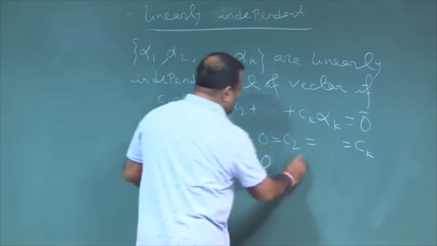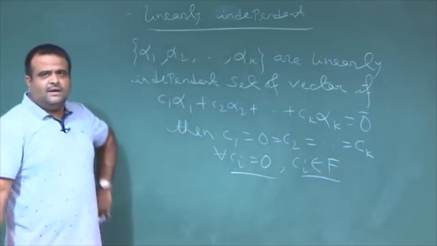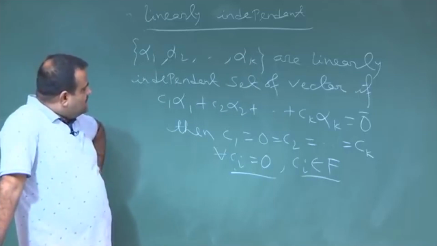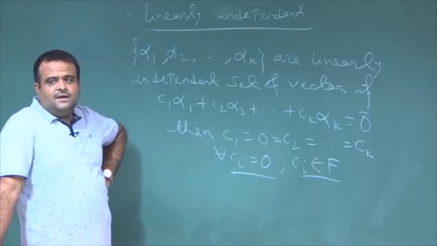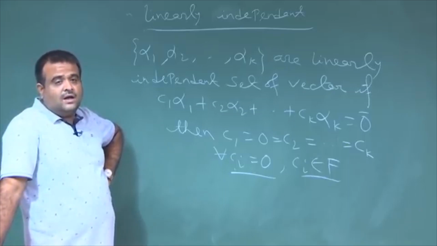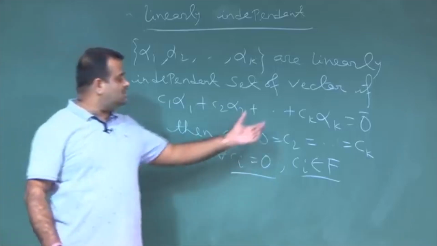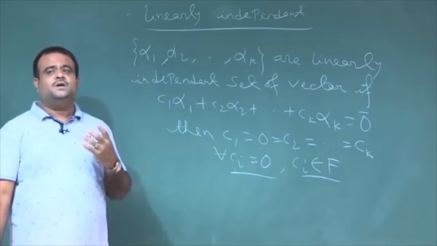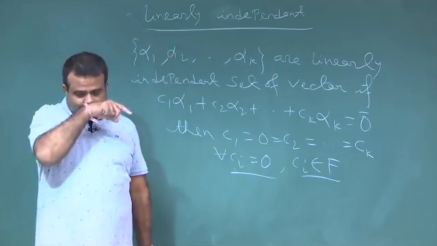Okay, the c i is coming from F, the field. Then we say this set is a linearly independent set of vectors, if no such non-zero c i exists. So, that means, if the linear combination is the 0 vector, then all the c i's must be 0. So, this is the definition of a linearly independent set of vectors.